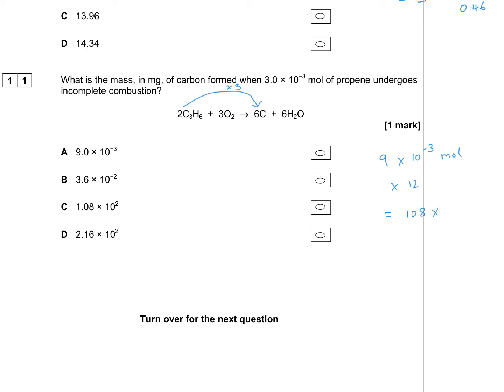That's going to give us number of grams, but it wants an answer in milligrams, so 108 times 10 to the minus 3 grams, if we jot that down, is 0.108 grams. If we multiply that by 1,000, we'll get an answer in milligrams, so 1.08 times 10 to the 2.